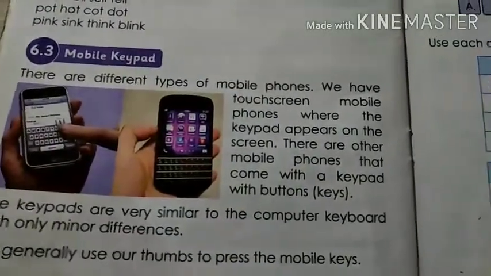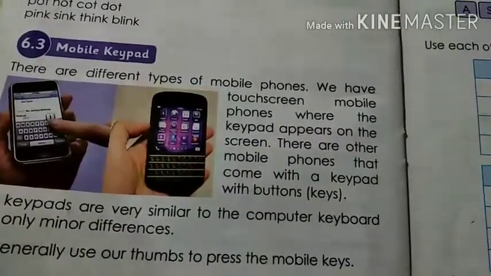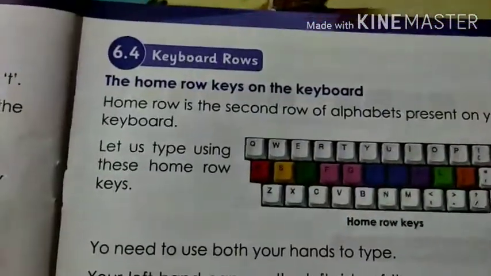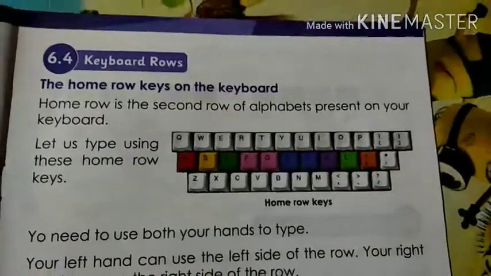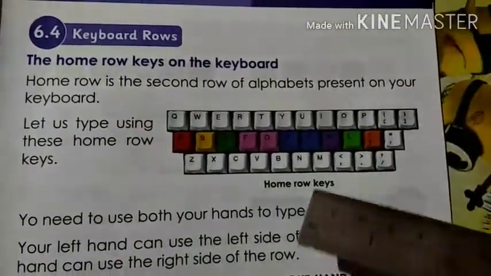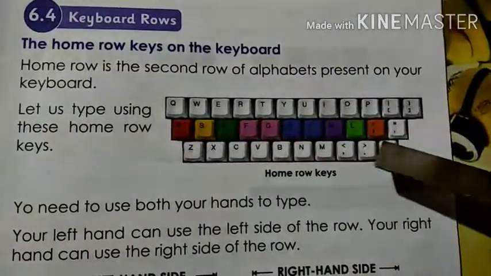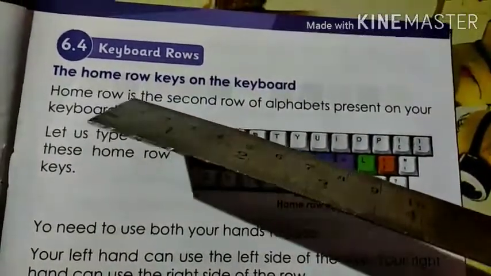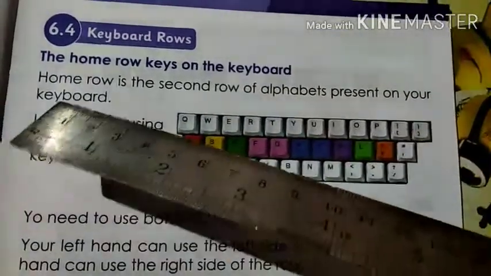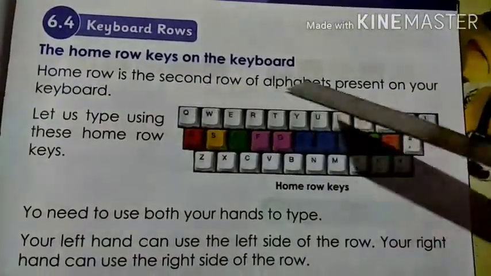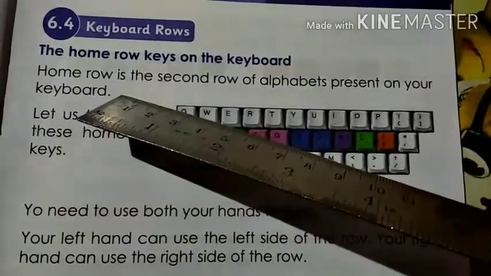Now let's proceed further to page number 31, that is 6.4 keyboard rows. You can see they have shown us the home row keys in color. Let's learn the home row keys on the keyboard. Home row is the second row of alphabet keys on your keyboard.